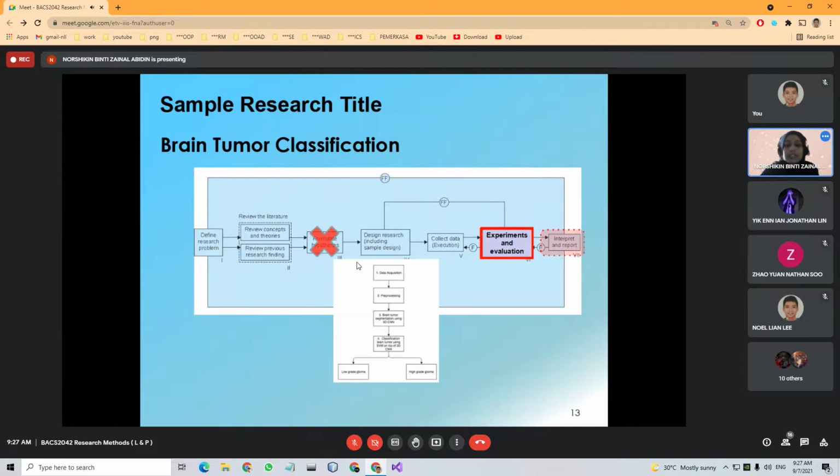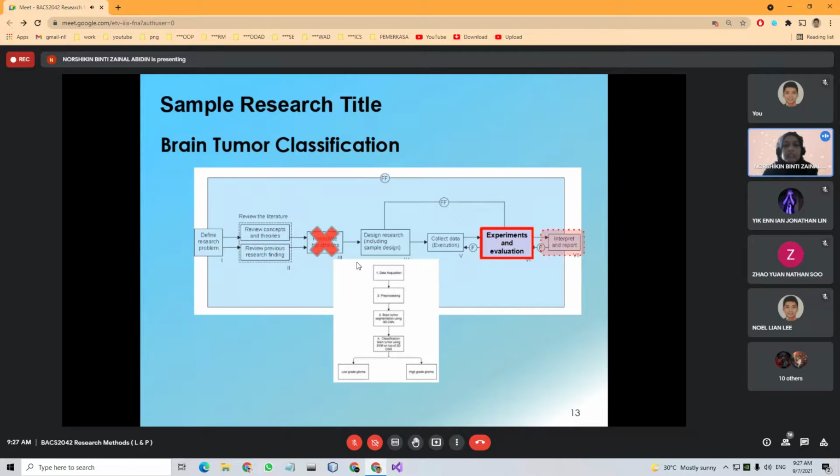Again, in the example here, the hypothesis is rejected. That means the researcher or the scientists of this research need to justify why the hypothesis is rejected. Like I said, if your hypothesis is rejected, it doesn't mean your research is wrong. You just need to justify why your hypothesis is rejected.